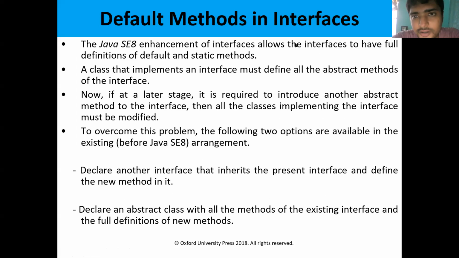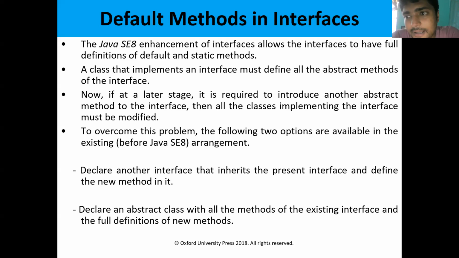Next one, default methods in interfaces. After Java version 8, Java SE 8, interfaces support a special type of method. The method definition cannot be there in the interface. While defining the interface, we don't write the method definition. We only give the skeleton of the method, that means the header of the method.